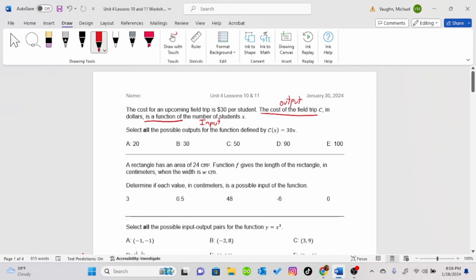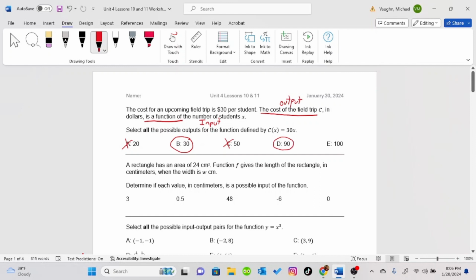So 20 is not a multiple of 30, so it's not A. 30 would be 30 times 1, so one student on the field trip. That is a possibility. 50 is not a multiple of 30, so that could not be an output. 90 is 30 times 3, so if there were 3 students, that could be an output.